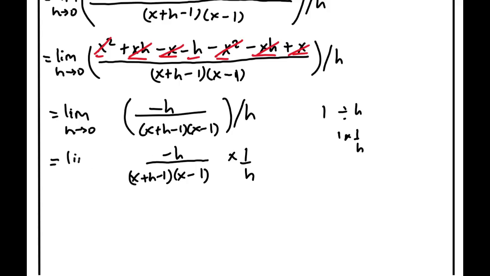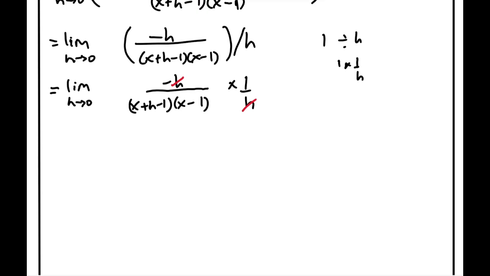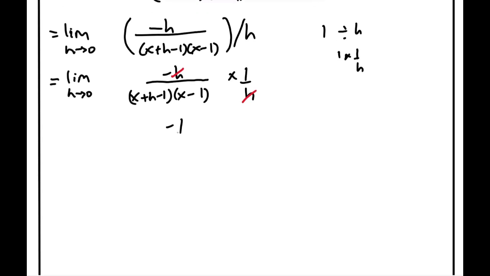And this is limit as h approaches 0. Now notice that this is multiplication, so we can cancel h and cancel h, leaving us with negative 1 in the numerator over x plus h minus 1 and x minus 1. Limit as h approaches 0.